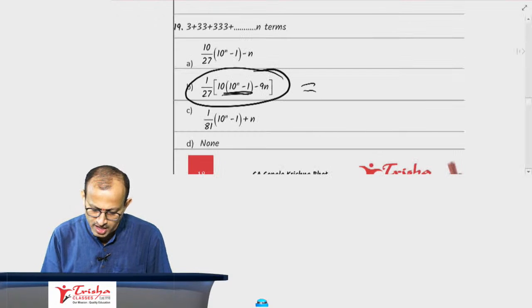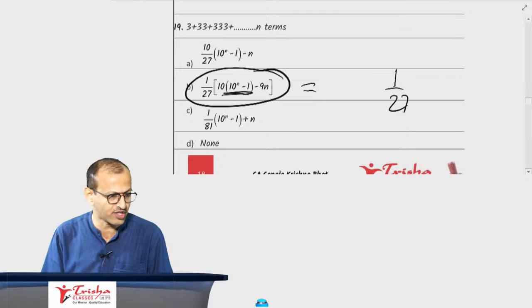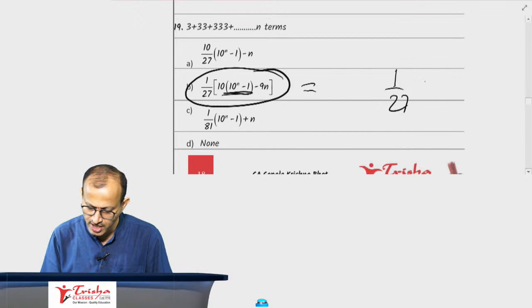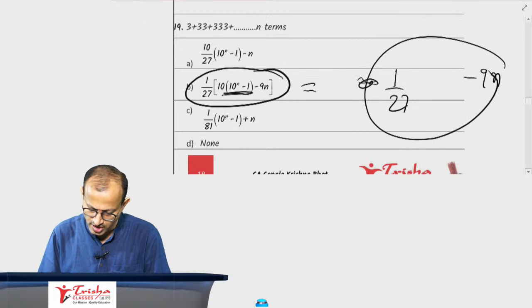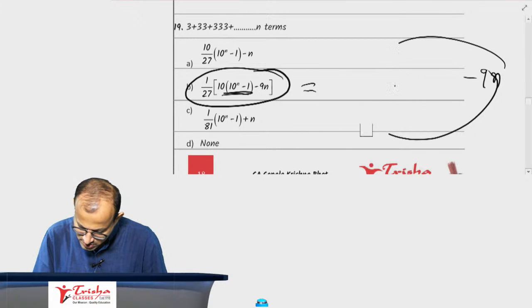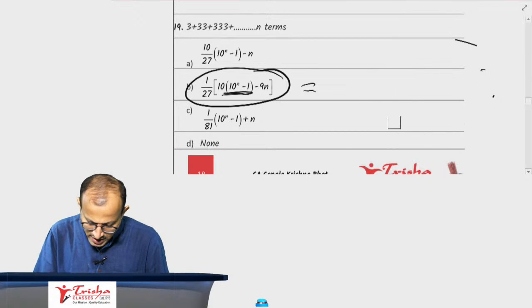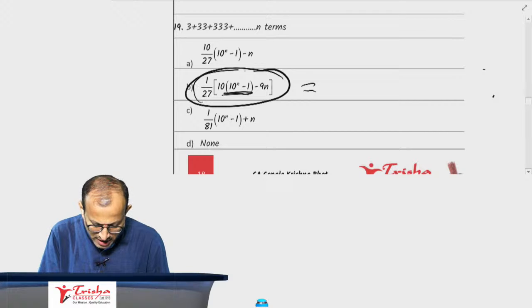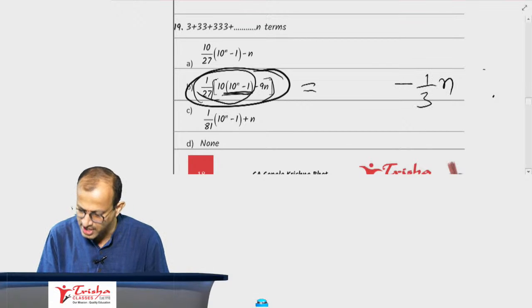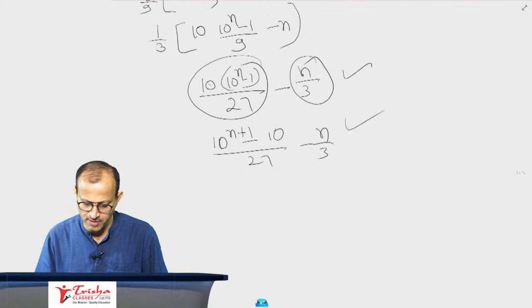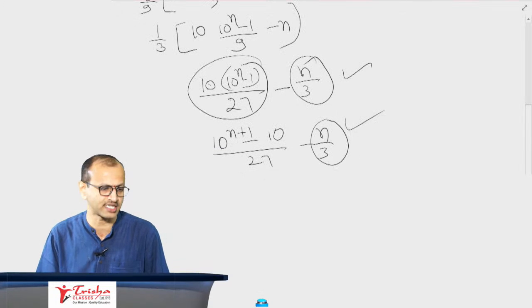You have here 1 by 27 and minus 9n. Solve it. I'll multiply these two. This is whole bracket, no? 1 by 27 into minus 9, so it will be minus 9 ones are 9, threes are 27, minus n by 3. We also got same answer, minus n by 3.